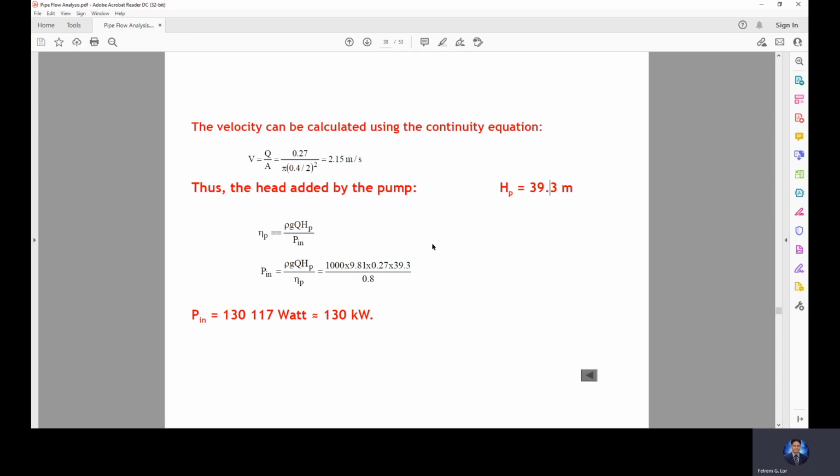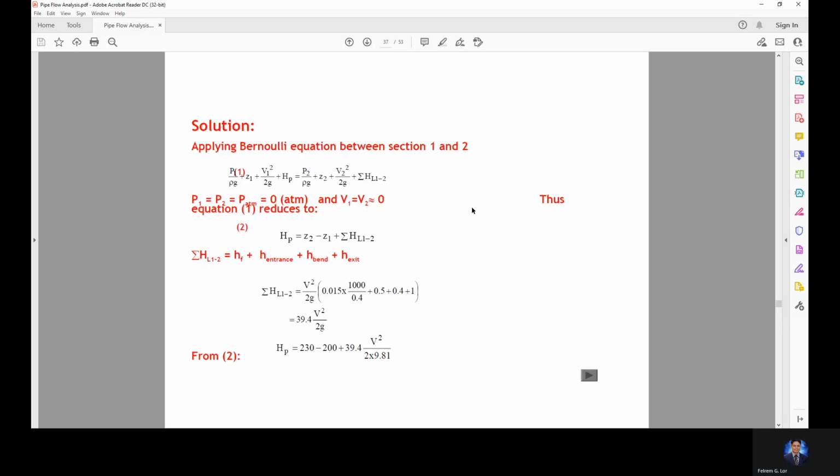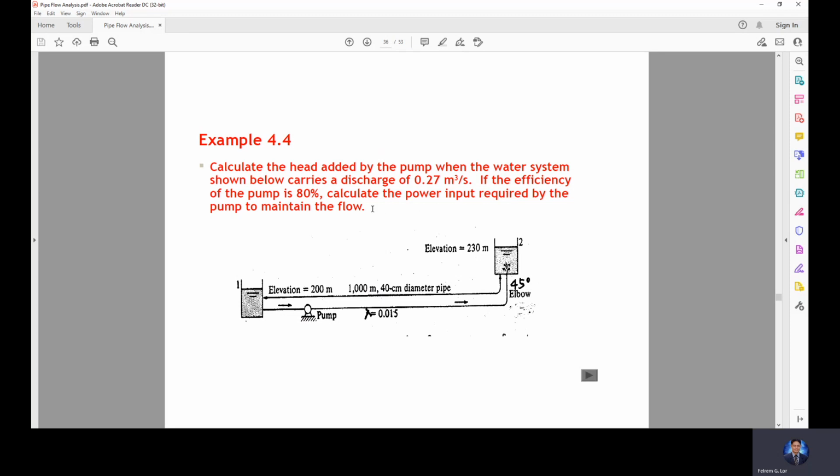Now, we need to solve for the power of the pump. The power of the pump is equal to rho times G times discharge times the head added by the pump. Kini 39.3. And ang gipangita god, what is being asked in the problem is the power input.